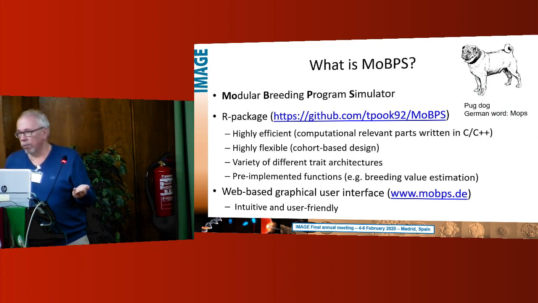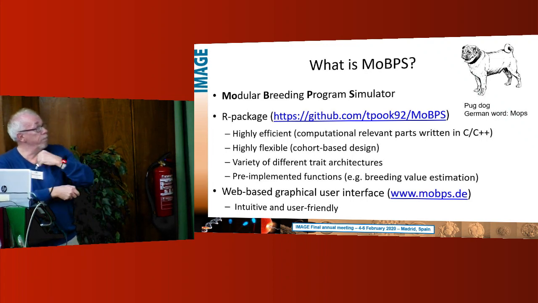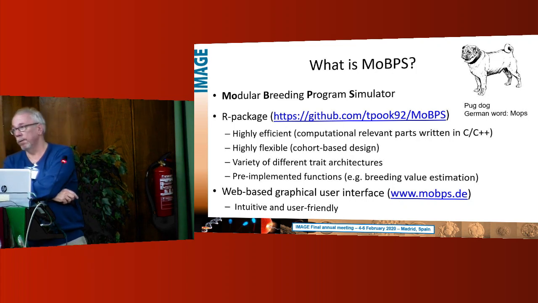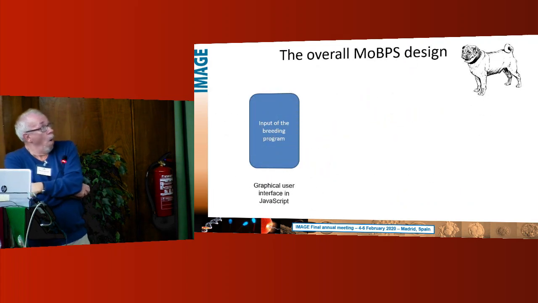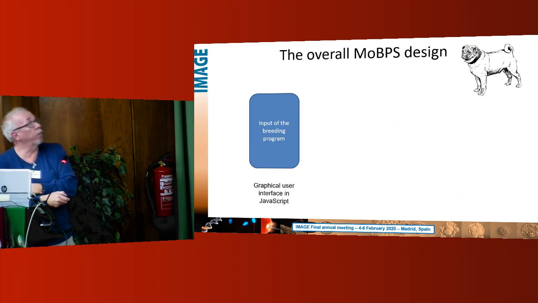And for all those who do not want to work through these 200 parameters, we also created a web-based graphical user interface, which is here under this address, and which is rather intuitive and user-friendly. So the overall design of the software is that you use this interface to describe your breeding program.